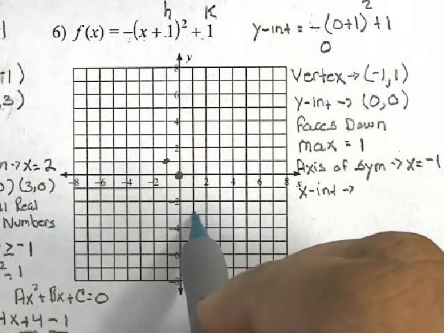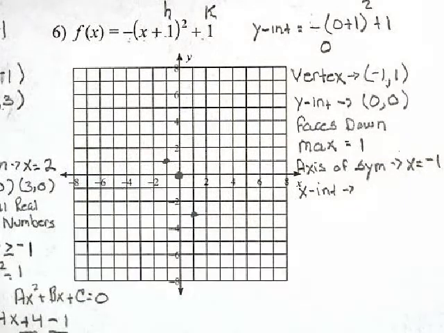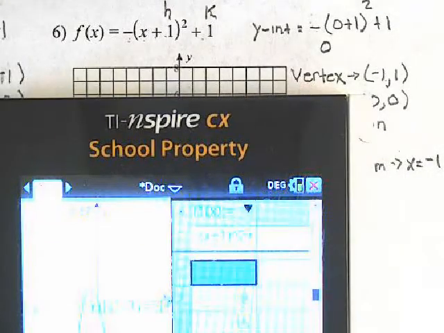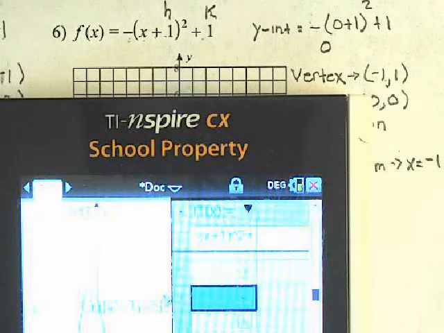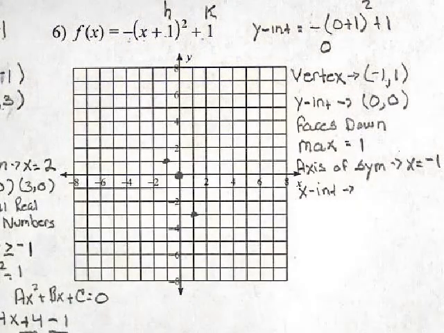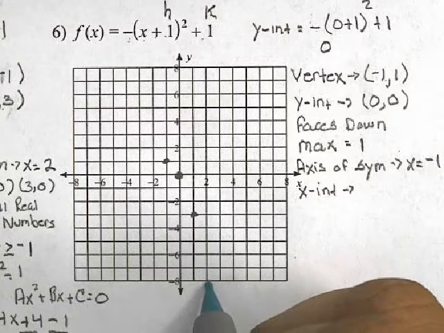So we plot that. Then we have 2, -8. Which is down here.